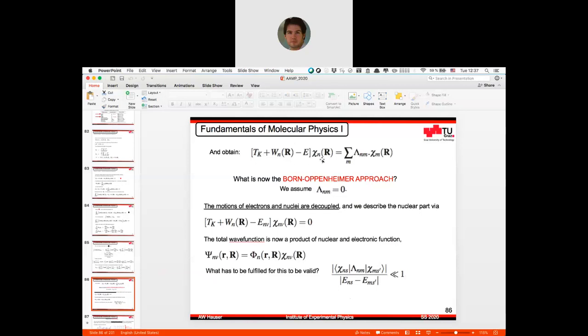If we set this 0, you have a simple equation, which is written here, for this chi of R. And we introduce this chi of R as our coefficient in our basis set expansion of the electronic states.